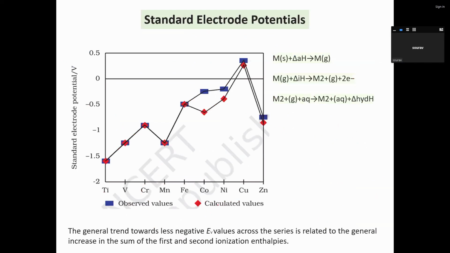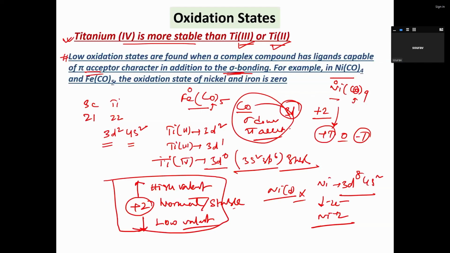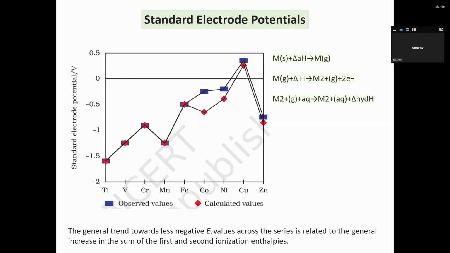Now I will talk about the standard electrode potential because all are related to each other. When we are talking about electrode potential, there also electrons are removed. That means ionization. So first, ionization enthalpy.